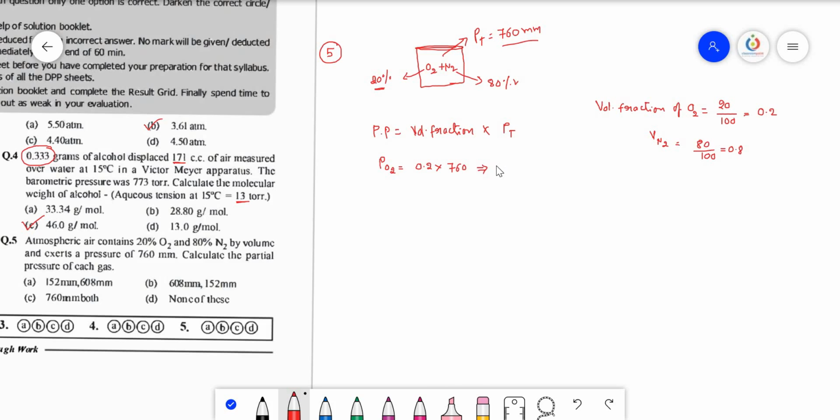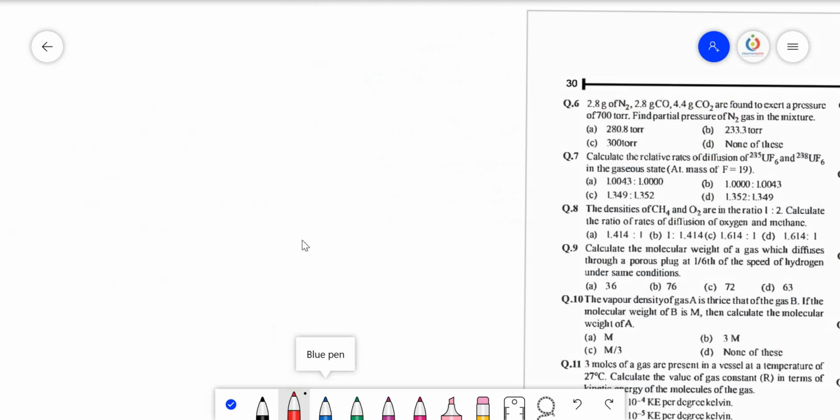By multiplying this value, we will get 152 millimeters of pressure, and the partial pressure of nitrogen is equal to 0.8 into 760 millimeters of pressure. So, you will get the remaining pressure, that is 608 millimeters of pressure. So, option A is correct.